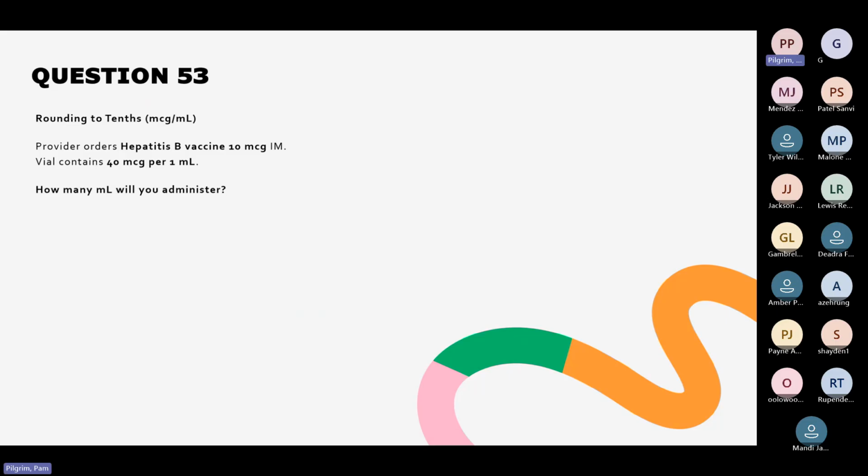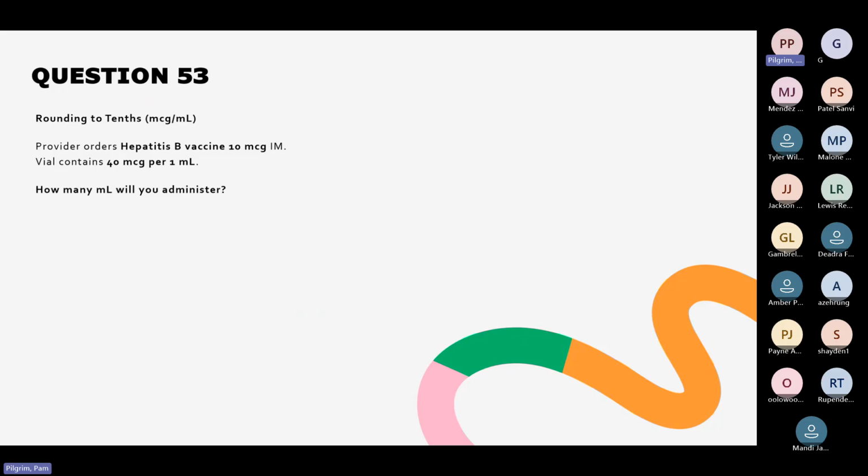Now, keep in mind when you're doing this that you only want 10 mcgs. And if you look at this, 10 mcgs is 1/4 of 40 mcgs, right? So you can kind of look at that right off the bat and know that you want it to be less than 1 mL.